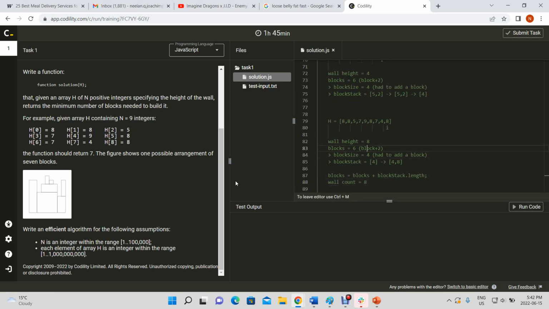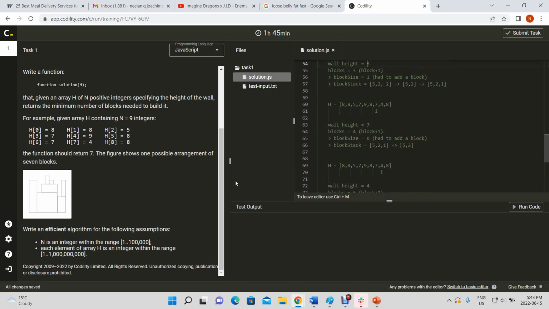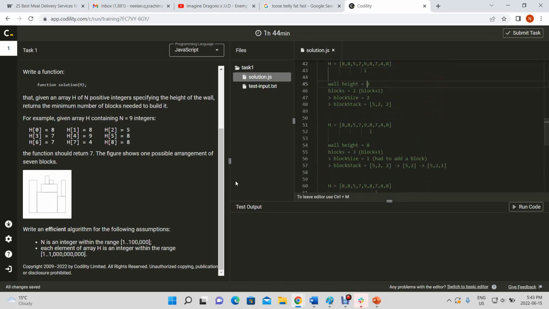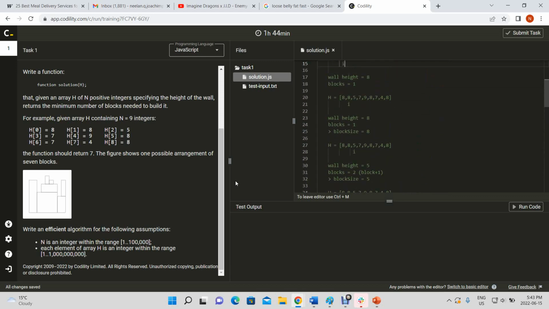So we made a mistake somewhere in our derivation, and I think it was, so wall height starts off at 8 and the number of blocks is 0 here, right? Because we haven't popped anything out.